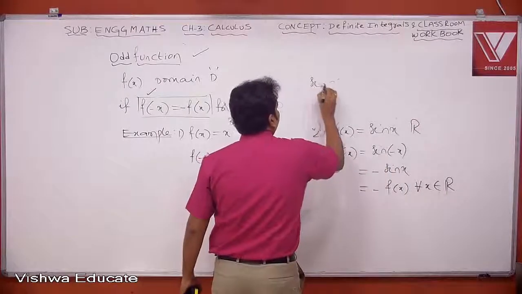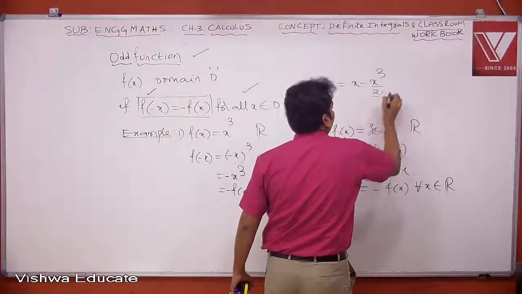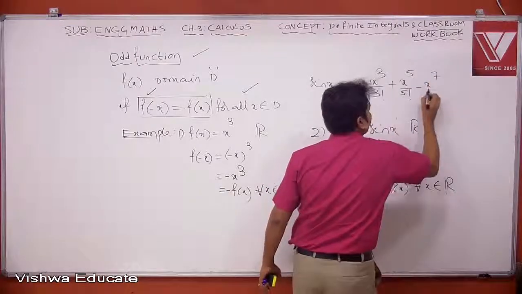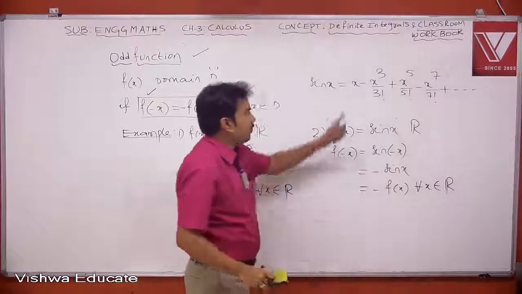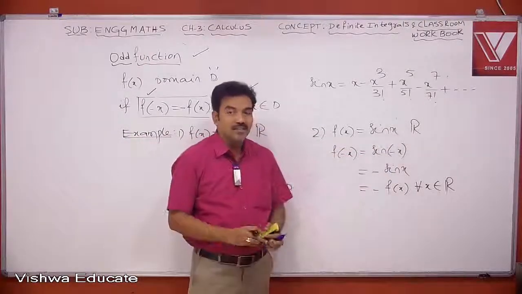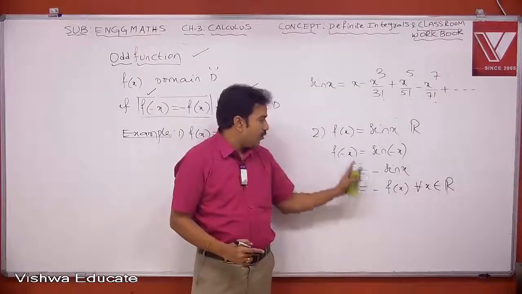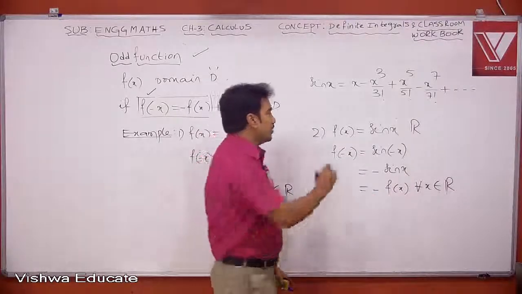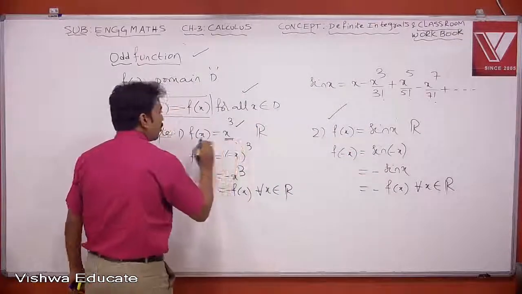The series expansion of sine x is x minus x cube by 3 factorial plus x power 5 by 5 factorial minus x power 7 by 7 factorial plus and so on. It contains only odd powers of x. Since it contains only odd powers of x, when you replace x by minus x, a minus comes out. Therefore, sine of minus x is minus sine x. So f of minus x is minus f of x for all x belonging to R. Therefore, this is a trigonometric odd function, and x cube is a polynomial expression, which is again an odd function.